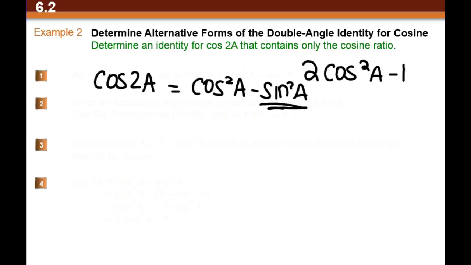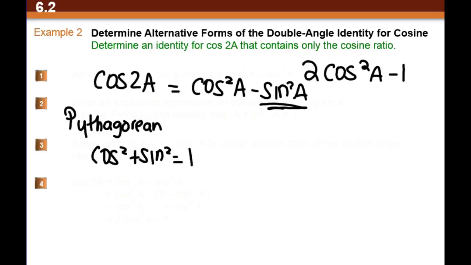Okay, so if we remember back, do you remember the Pythagorean identity? That was cos squared plus sine squared is equal to 1. Okay, so if we subtracted the cos squared over here, we would have sine squared is equal to 1 minus cos squared. So they're saying that sine squared is the same thing as 1 minus cos squared.